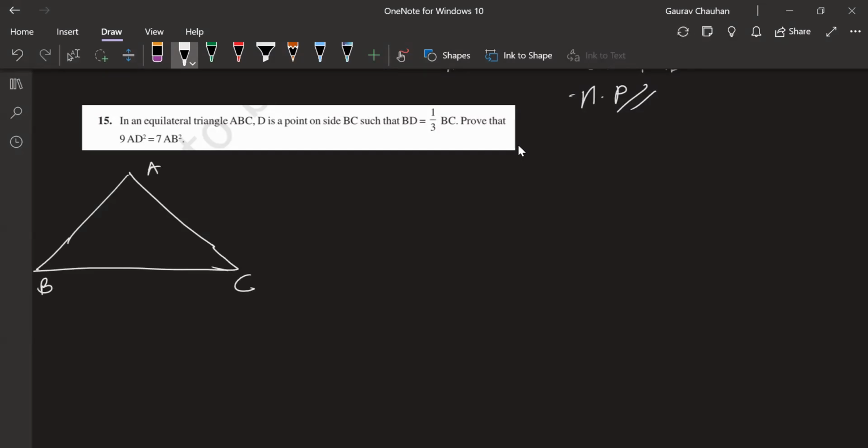D is a point on the side BC, such that BD is equal to 1 by 3 BC. So if I break this into 3 parts, this is D. BD is equal to 1 by 3 BC. Prove that 9 AD square is equal to 7 AB square.